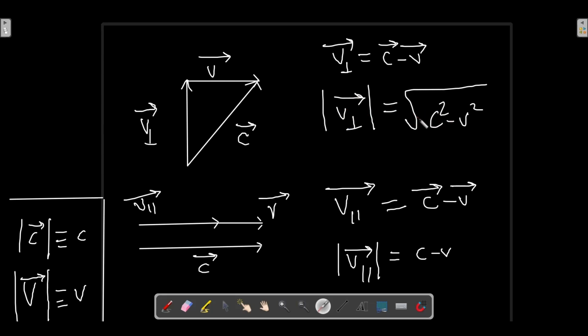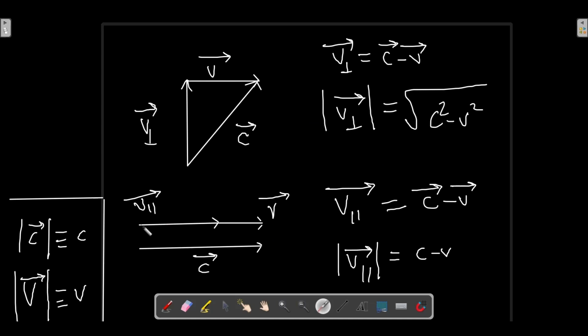Why? Because this is a right angle triangle. C is the hypotenuse, V is one side and V perpendicular is the other side. So by Pythagoras theorem, V perpendicular is equal to square root of C square minus V square.